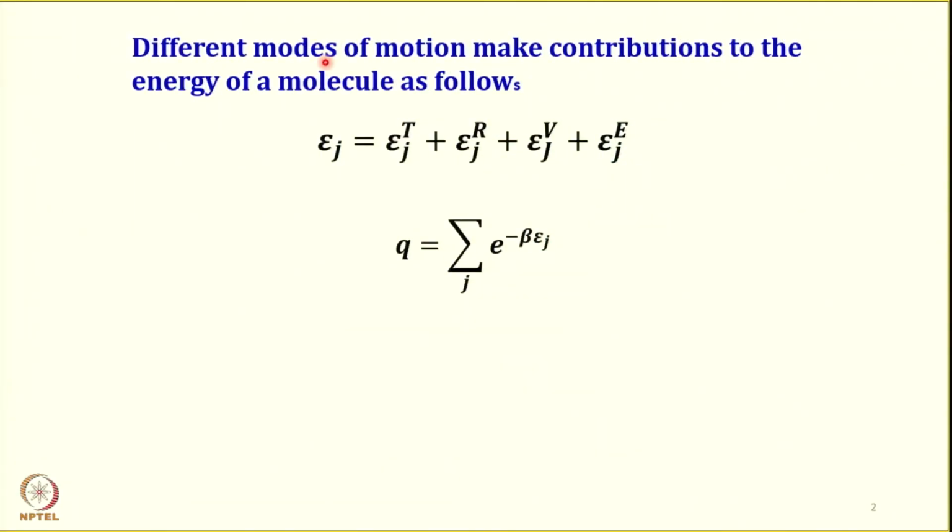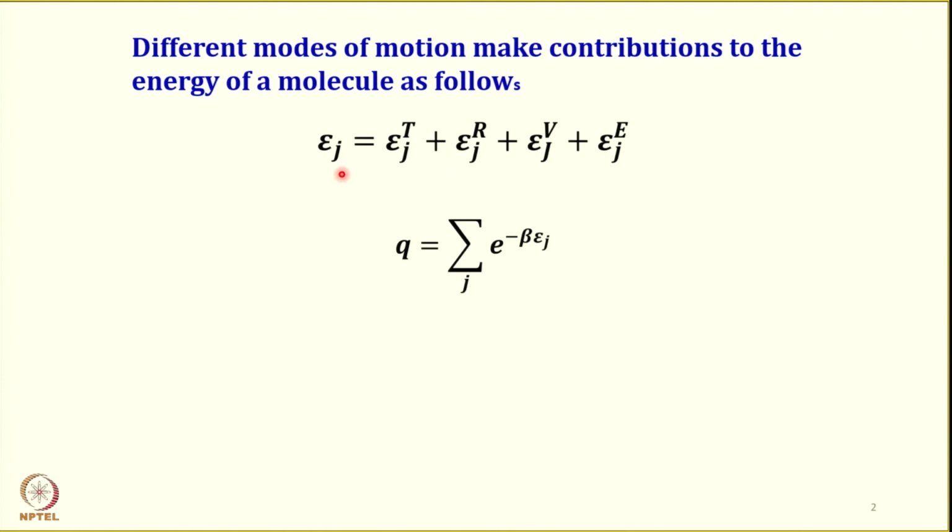If it is a diatomic molecule, now the molecule can rotate, the molecule can vibrate, therefore the rotational contribution can also come in, and the vibrational contribution can also come in. Therefore, the statement says different modes of motion make contributions to the energy of a molecule as follows.